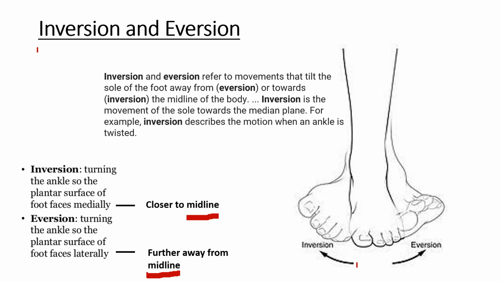So think of, because this looks like it will be the left foot, inversion, turning it towards the spinal cord, the midline. Eversion, laterally. So eversion, turn the ankle so that the plantar surface of the foot faces laterally. What's laterally? Further away from the midline. All right, so of course those are opposite terms.